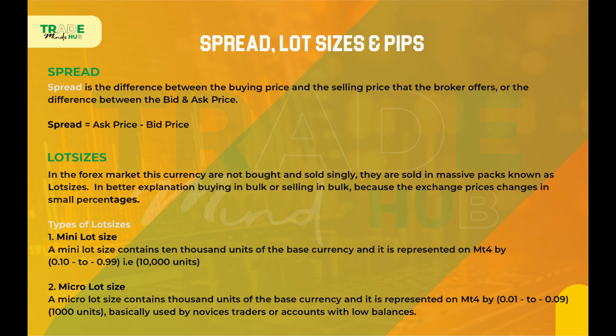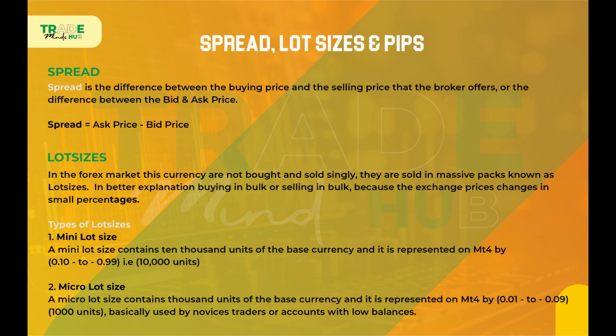So this is where you take your notepad and take a little note. In the forex market, currencies are not bought and sold singly. They are bought and sold in bulk, which is a massive part. Another name for lot sizing or lot sizes is volumes.